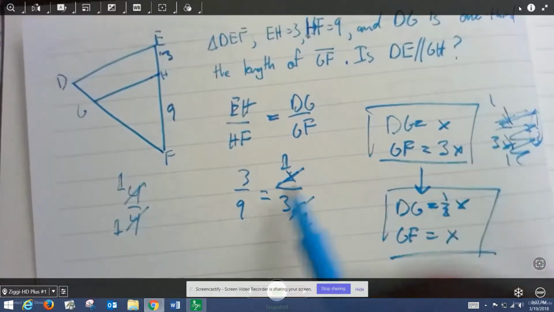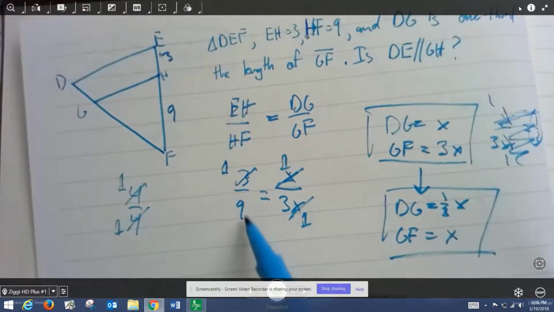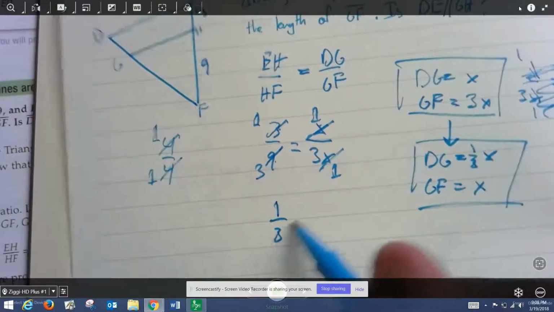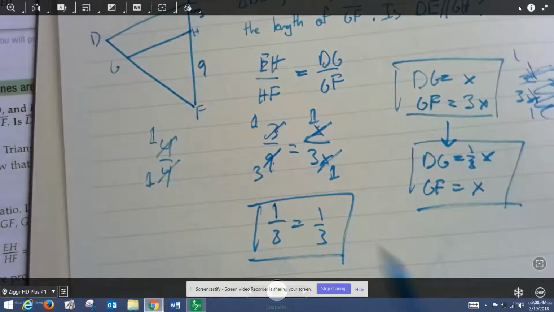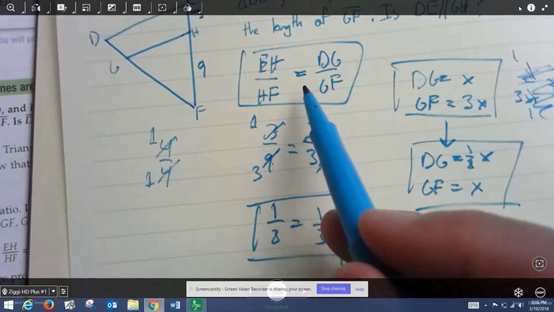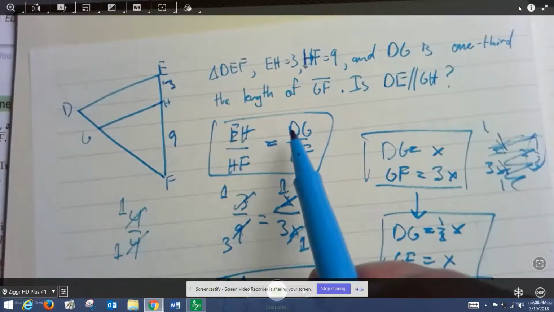And then you know that the greatest common factor of 3 and 9 is 3. So 3 divided by 3 is 1, and 9 divided by 3 is 3. You have the same exact ratio. And if they are the same, that means the ratio of EH to HF is equal to DG over GF.